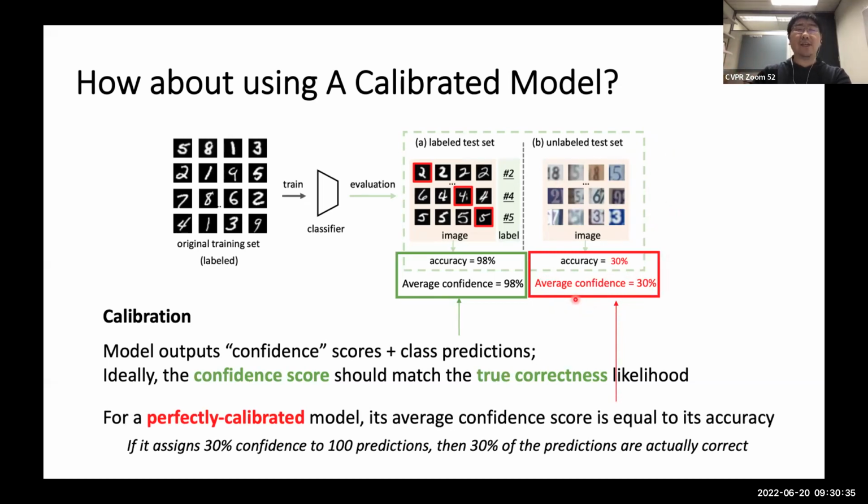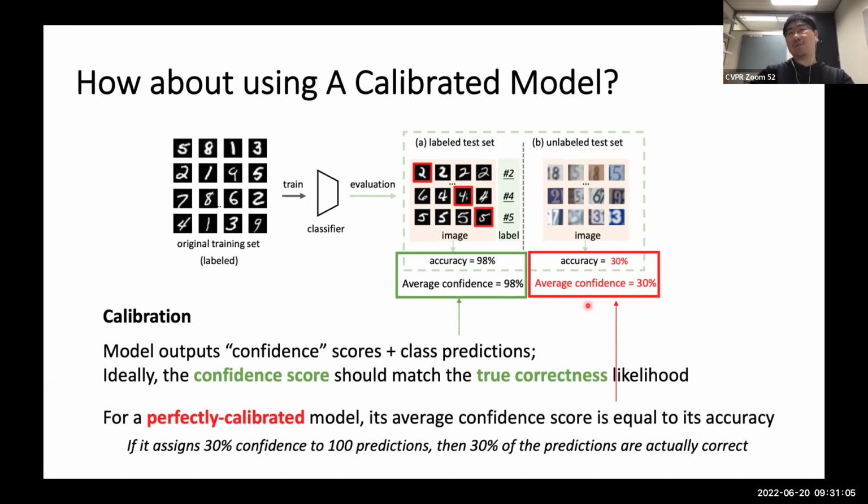For each image, we compute its prediction confidence, and for all the images, we compute the average confidence, say 30%. If it's a well-calibrated model, then we could say our test accuracy equals 30%. At first thought, this is a feasible way.